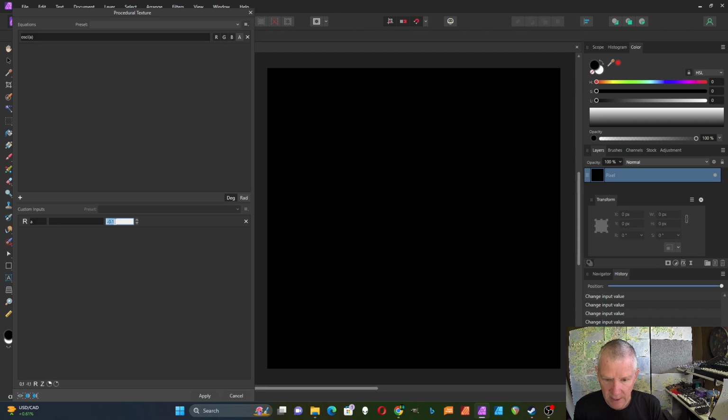As soon as I go up to positive 1, it switches to black. So if I have real values or floating point values between 0 and 1, it will be white. If it's between 1 and 2, it'll be black. Okay, so that's the way it works.